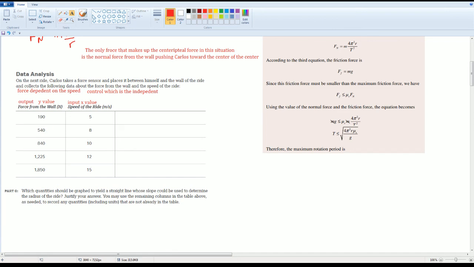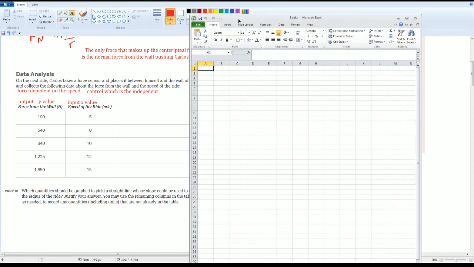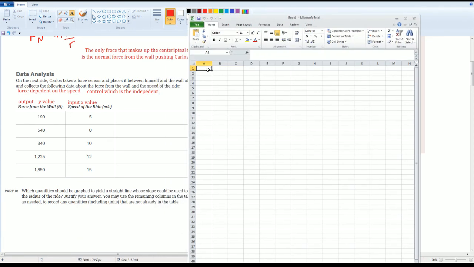I decided to grab Excel. So here you have the input, which is the speed of the ride.